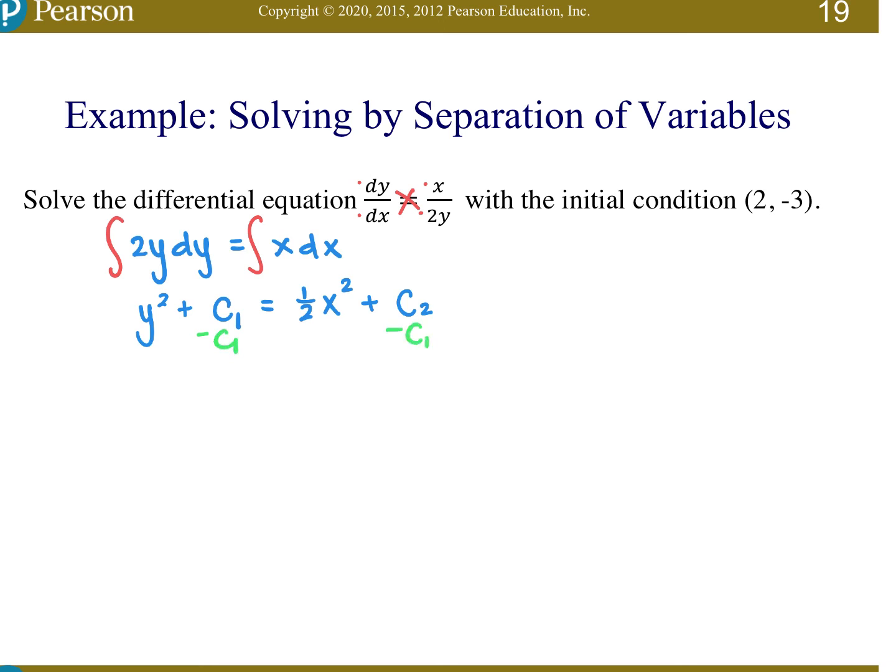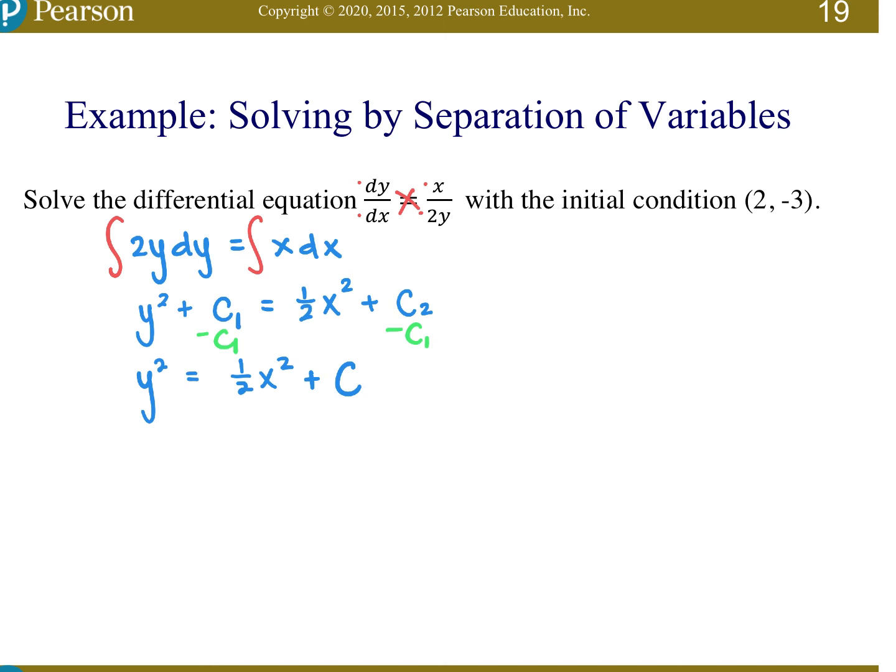By subtracting the c1, I get y squared by itself. I get 1/2 x squared. And then a constant minus another constant is still a constant value. So one constant subtracted from another is just a single c without the subscripts. So c2 minus c1 is just going to be plain c.